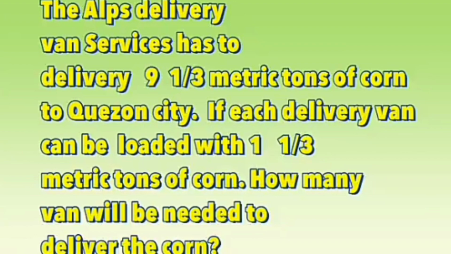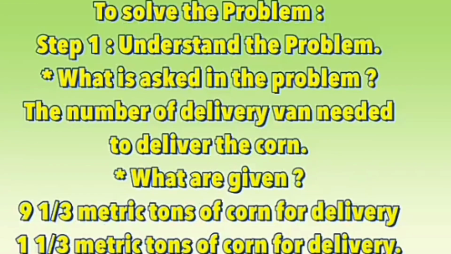To solve the problem, we have to use the 4 steps. Step 1, understand the problem. How to understand the problem? First, we have to ask what is asked in the problem. So the problem asks the number of delivery vans needed to deliver the corn.